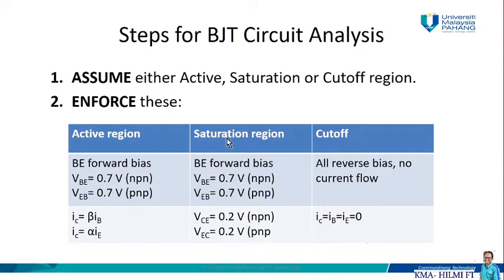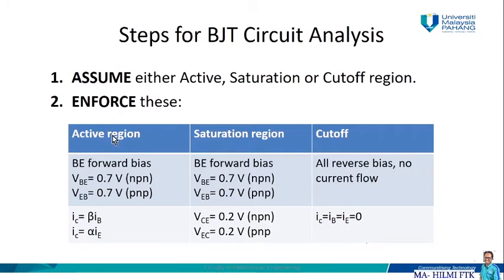In some cases, the assumption is already given. Maybe it's mentioned in the question that the BJT is in active region, saturation region, or cut-off region. But if it's not given, then we need to assume either one: active, saturation, or cut-off region. And then we need to enforce this information based on our assumption.